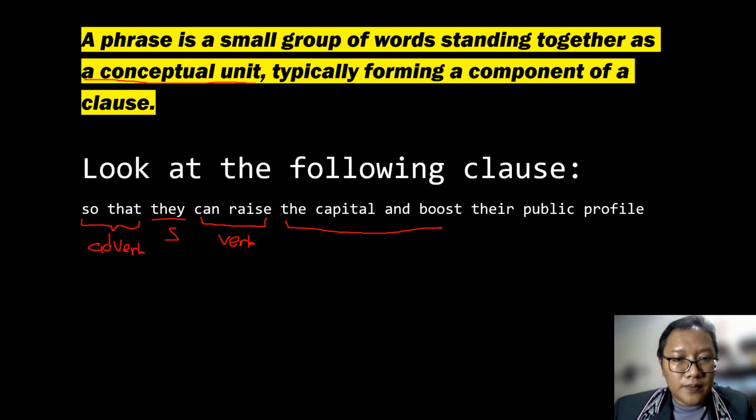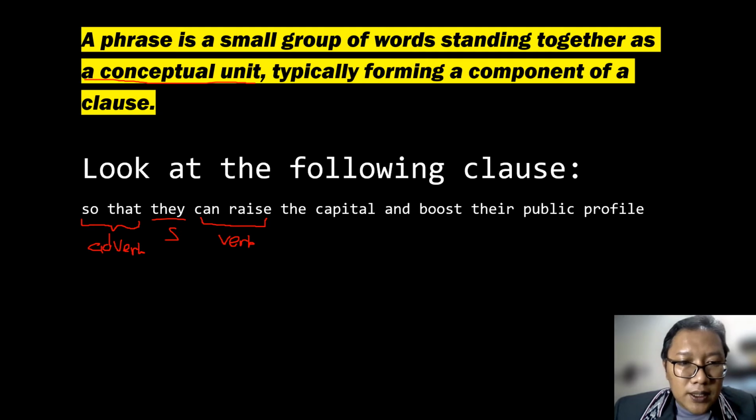Okay, the capital, that's one phrase as well. This is the object. And then we have and. This is the conjunction. Boost, another verb. Their public profile. This is another object.